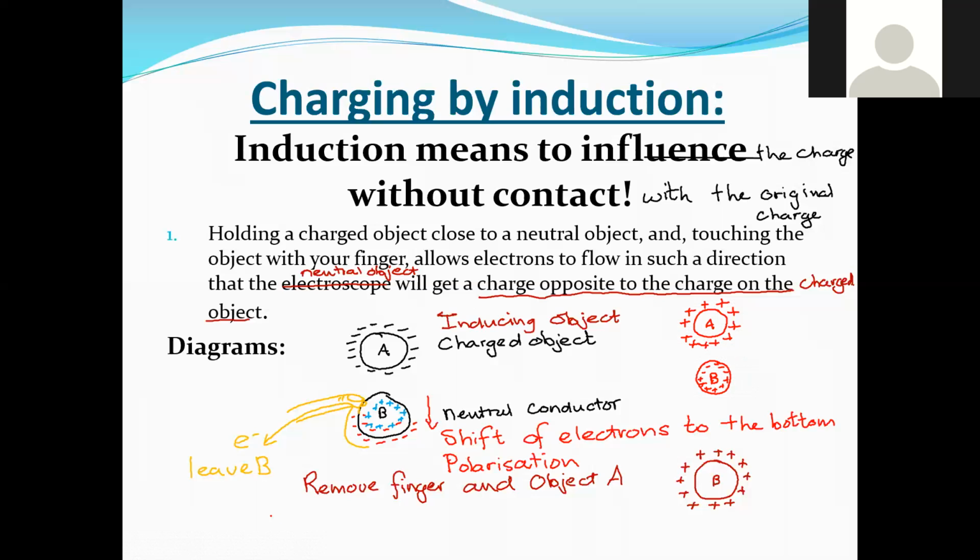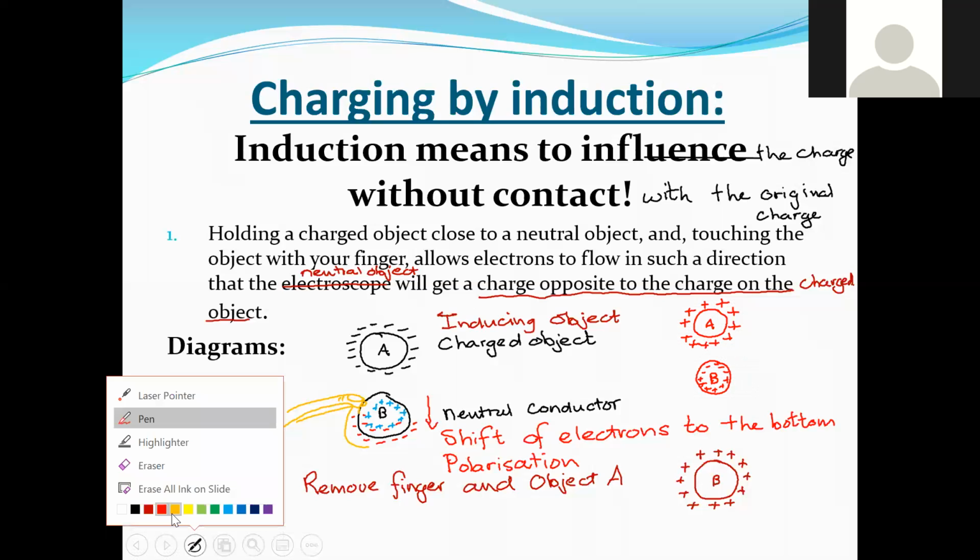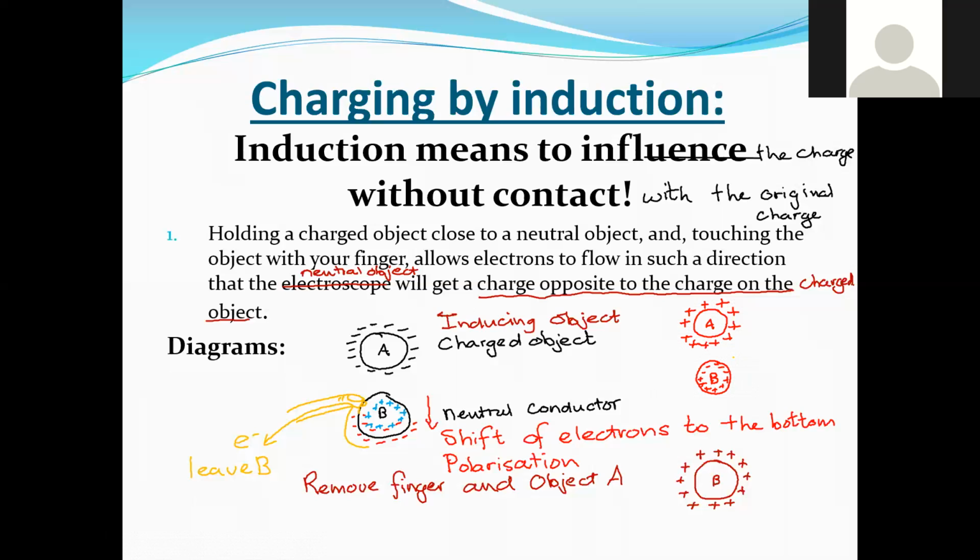So if you touch it with your finger, the object will take electrons in. And then that would result in, if you take it away, B being charged negatively. B will have an overall negative charge. So you see, by induction, you can charge a second object with an opposite charge to the original charge on the first object.